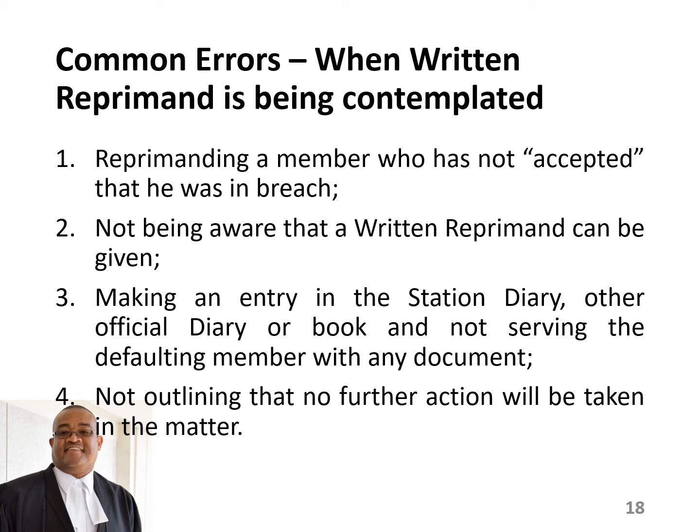The policy contemplates that before you explore any option other than orderly room or court of inquiry, the member should first accept the charges or accept the breach. Because if they have not accepted that they were in breach and you give them a reprimand, that means you would have adjudicated on the matter without giving the person a chance to respond.